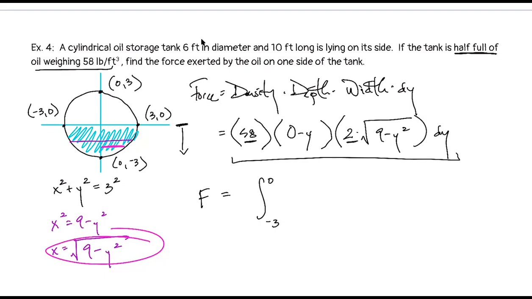So 58 times 2 is 116, but I'm also going to bring this -1 out. So I'll have -116 in the front. And then what I have left is y times the square root of 9 minus y squared.